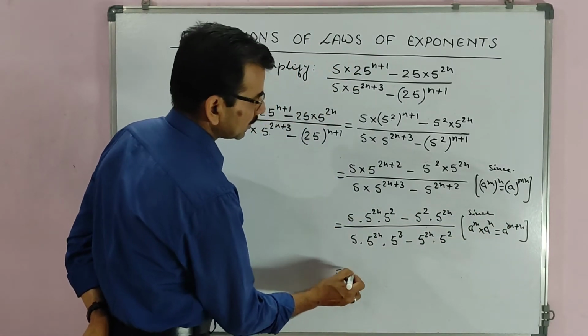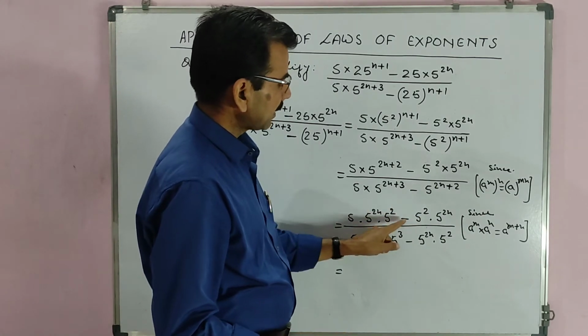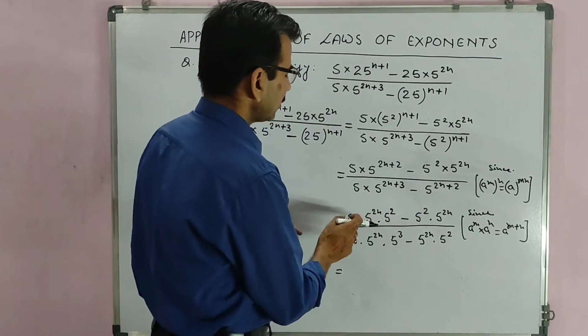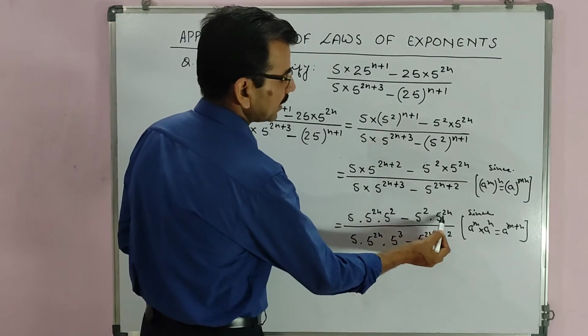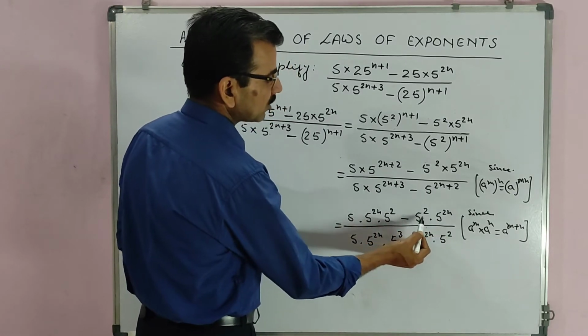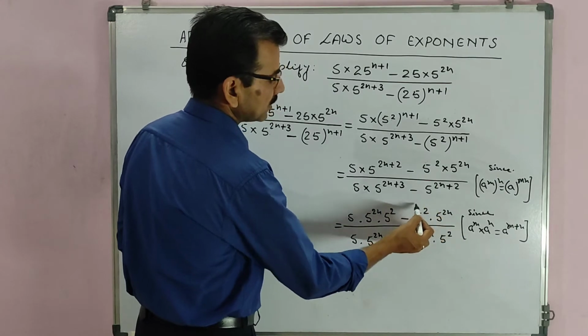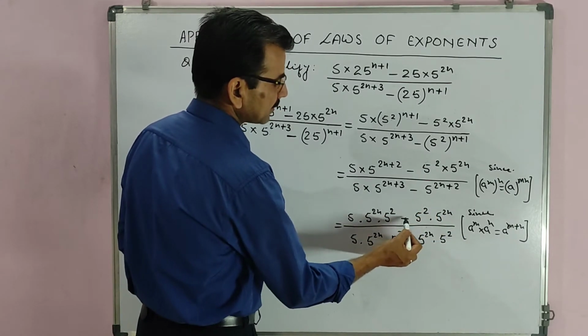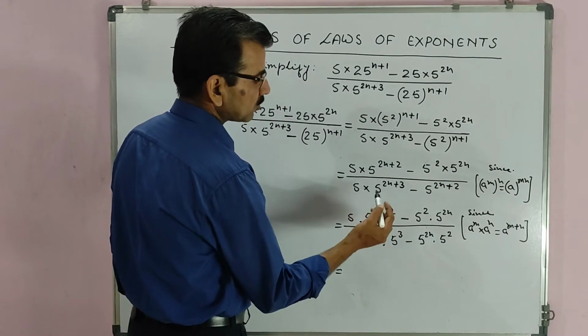Now choose the common from both sides of minus here, because minus is present only. So what we see? Yes, correct. 5 raised to power 2n, and here also 5 raised to power 2n. 5 square, and here also 5 square. Okay, so this whole is common now. This whole is common after minus with this 5 raised to power 2n into 5 raised to power 2.